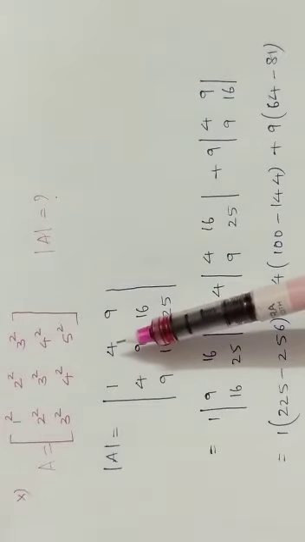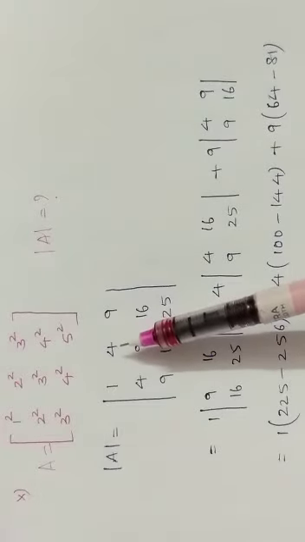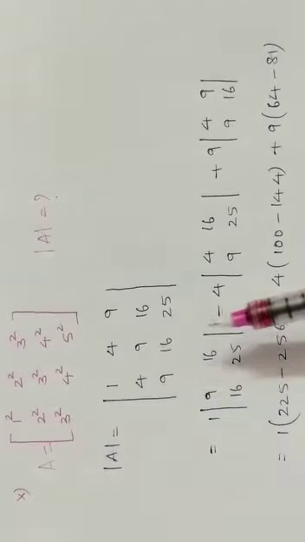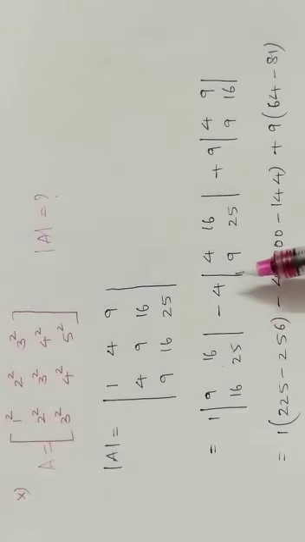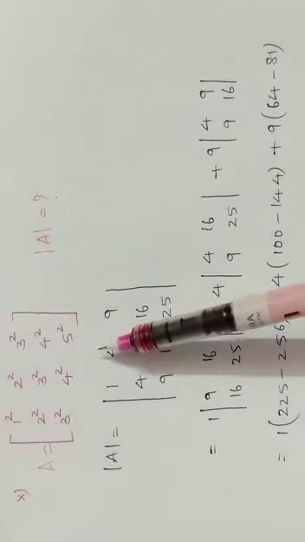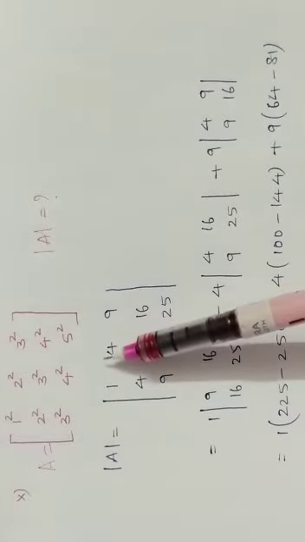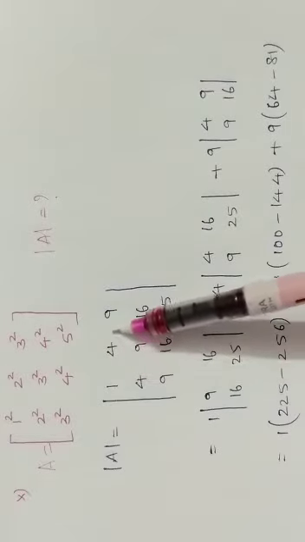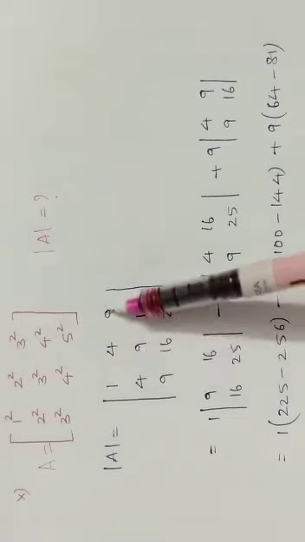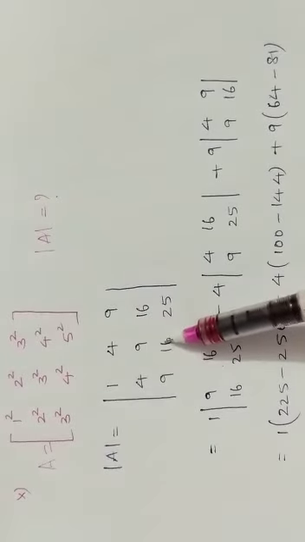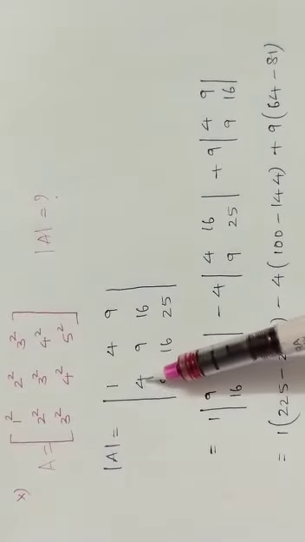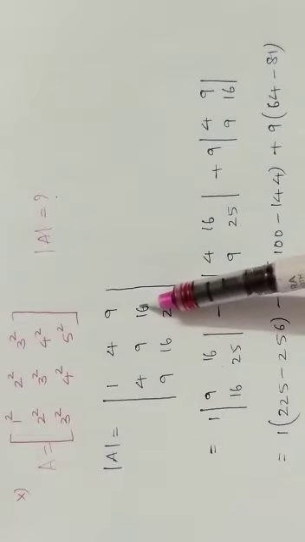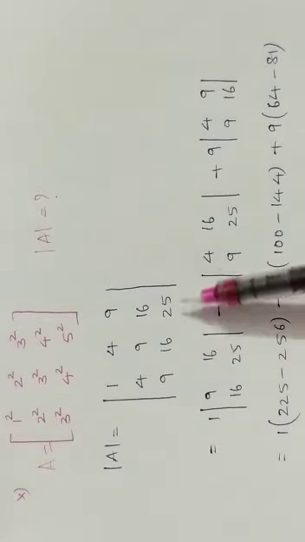For this number you have to take opposite symbol, plus 4, so you have to take minus 4 into, remove the row and column of the element. What are the 4 elements left? 4, 16, 9, 25.